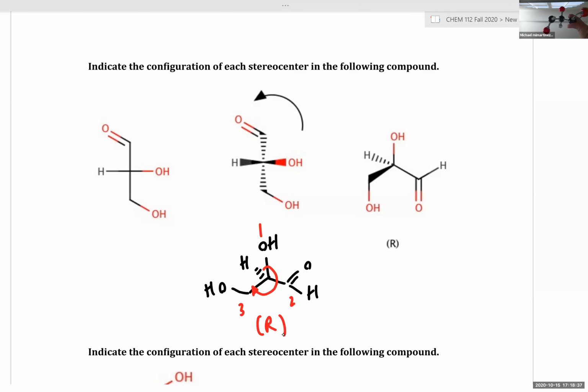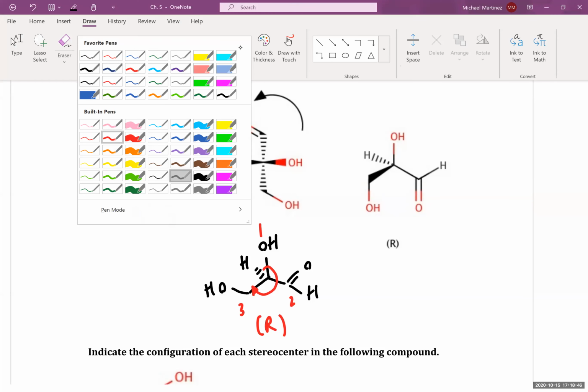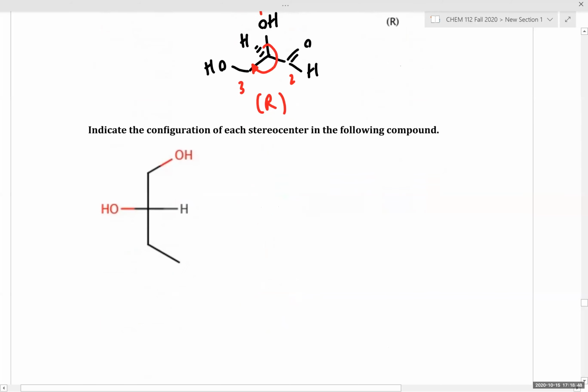So let's apply what we've learned here. Let's tackle an example to apply our knowledge. So I'd like you to take a look at the following compound, and I'd like you to indicate the configuration of each stereocenter in the following compound. So I'd like you to indicate the stereochemistry and assign the configuration of our single stereocenter in this molecule.